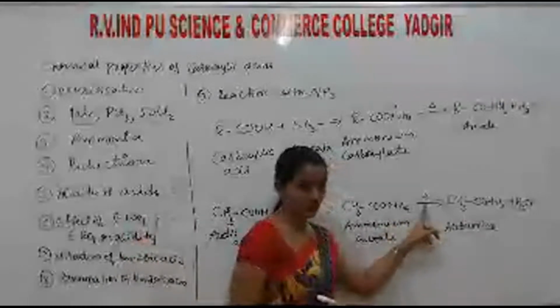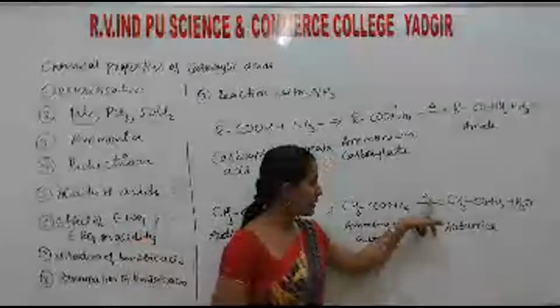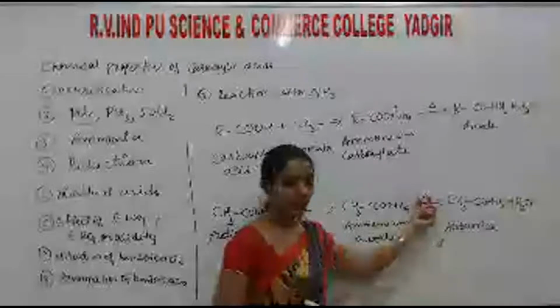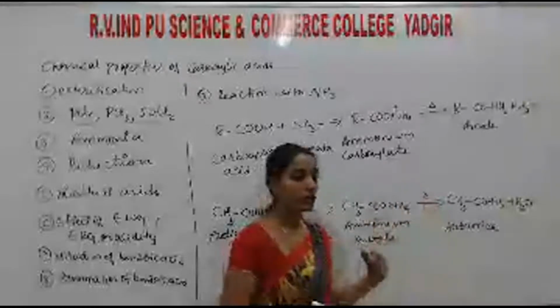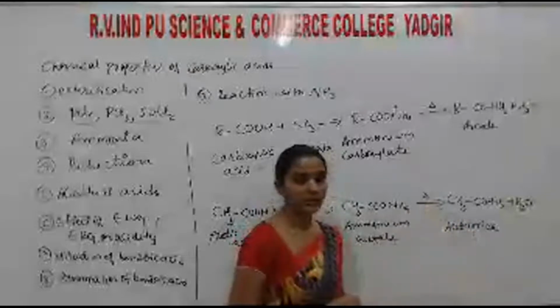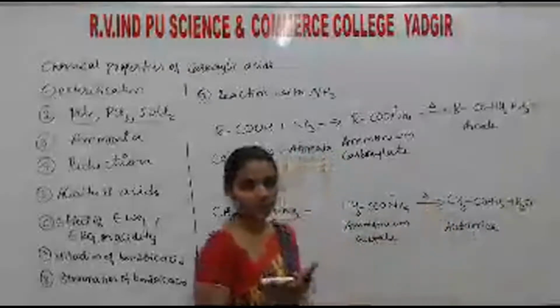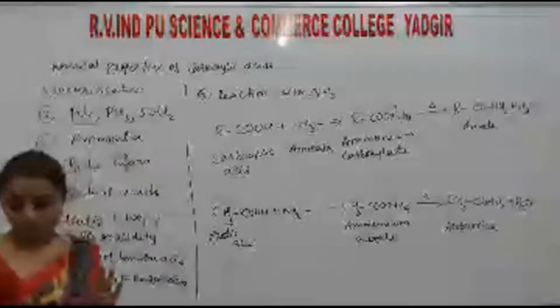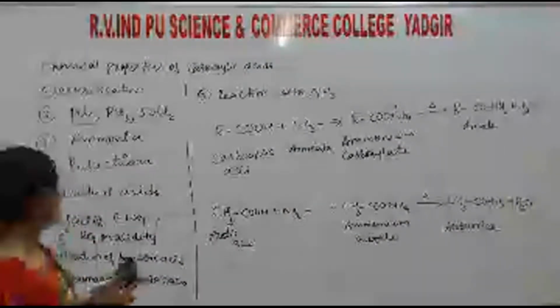Upon decomposition, you may write here heat is there, thermal decomposition. We are supplying heat here. Then you can say thermal decomposition gives acetamide. Understood? This is what reaction with ammonia.